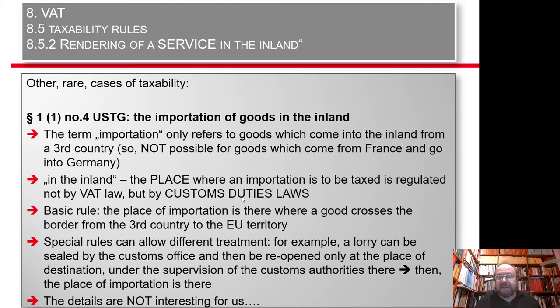That is why they formulated that in a way that they speak of the importation in the inland and not into the inland, because it might be that your good is already at Hamburg and there at the customs authorities office in Hamburg you open the lorry or the truck and just allow, then you pay the customs duties, and then the goods are allowed to circulate freely, so that the importation was delayed until Hamburg, although you perhaps crossed the border at the Swiss-German border 2 days before.